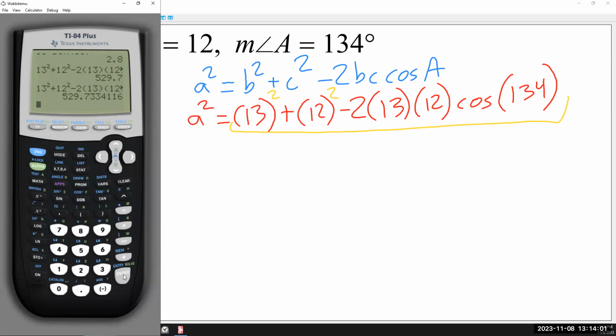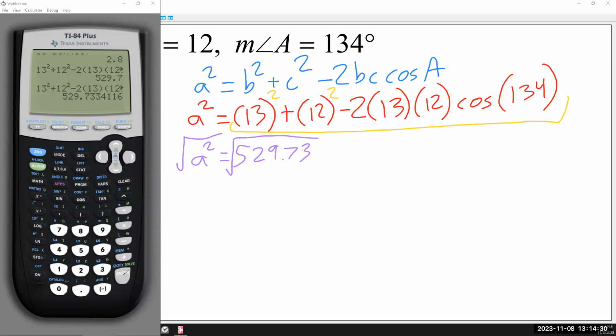Okay, so we get that. What does that equal? That's a squared. To find out what a is, we need to do a square root. Normally, whenever I do a square root, I have to do the plus or minus.